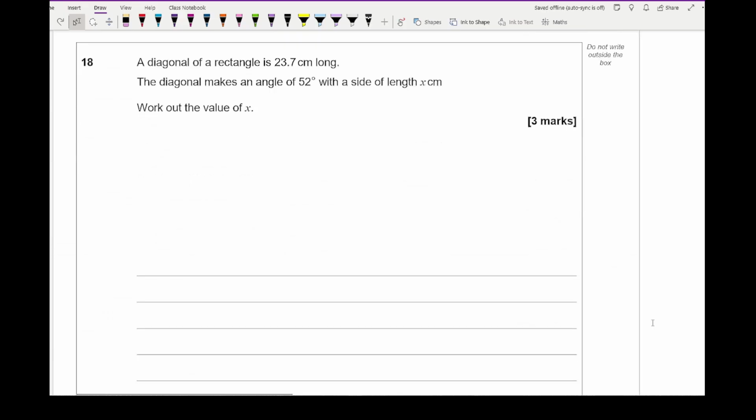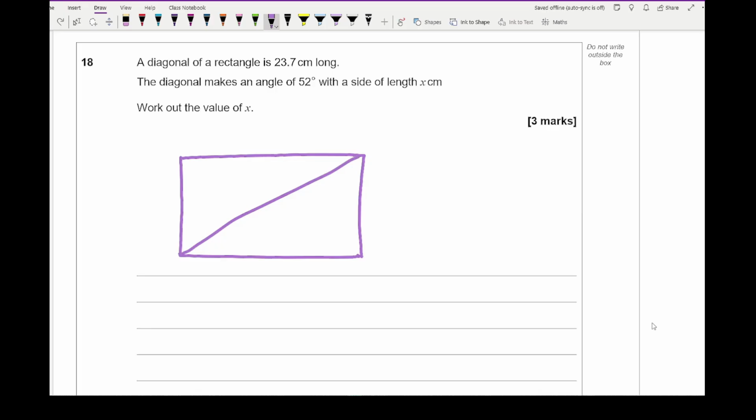Moving on to question 18, it says that a diagonal of a rectangle is 23.7 centimeters long. The diagonal makes an angle of 52 degrees with the side length x. Work out the value of x. Well, if we start by drawing a rectangle, like so, and we've got the diagonal of the rectangle, which is this line here, and we know that that's 23.7 centimeters.